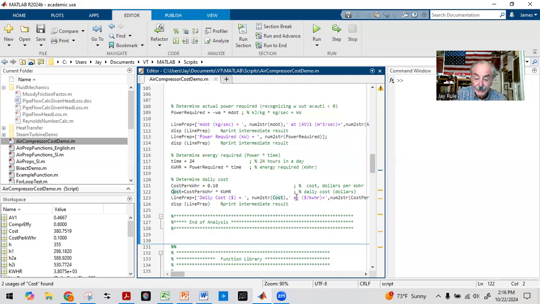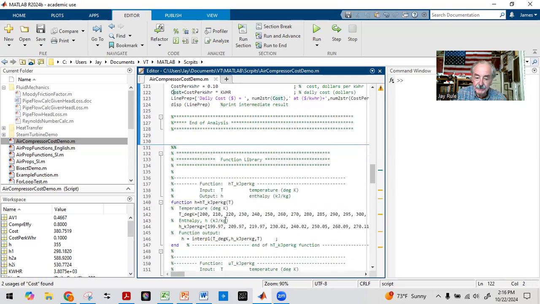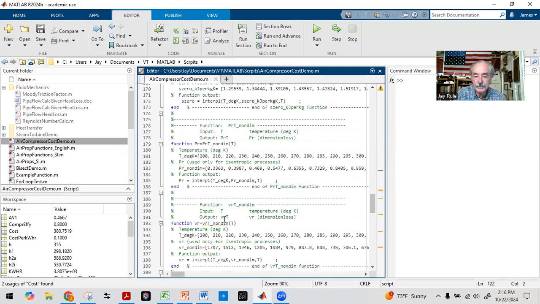And there we go. And so you see that along the way, I hope you've noticed that I've been preparing output to go to the command window. Okay. And so I'm marking, there's the end of my analysis. And since I destroyed all of the demo function calls in my original file, all that's left is my function library, and you just leave all this stuff alone.